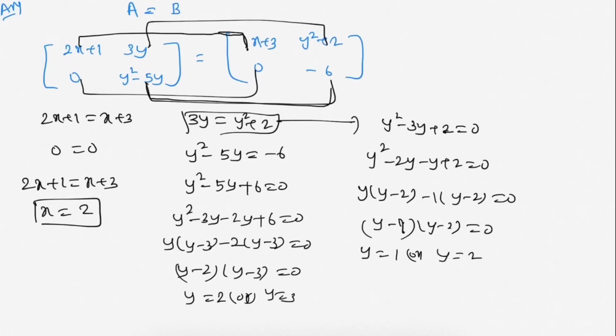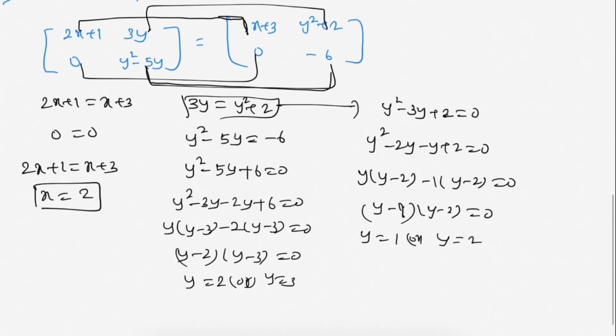We already got the x value, and now I want to find the y value. So I have to take the common value in both conditions. If I take y equal to 3 or y equal to 1, it won't satisfy both equations. The only value which satisfies both equations is y equal to 2.